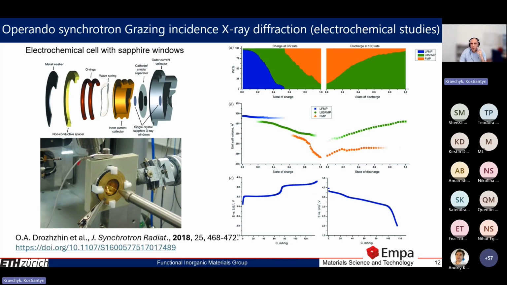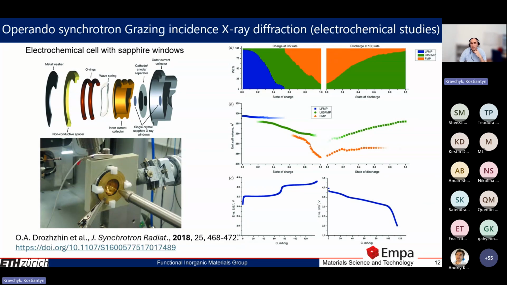Here you see an example of lithium iron manganese phosphate, which was charged and discharged. You can monitor the fraction of the phases which can be formed as a function of charge, and also the changes of the unit cell parameters.